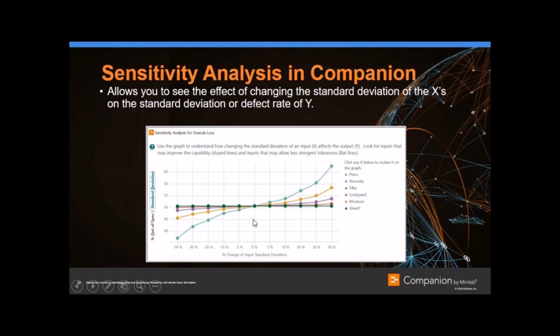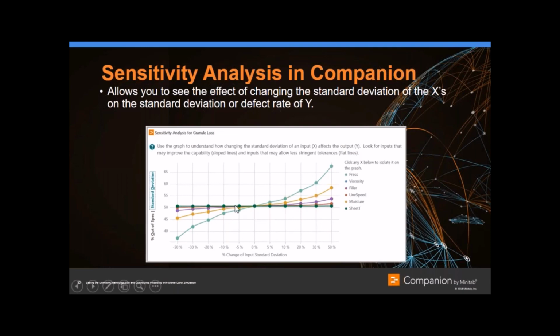What you're looking for here is things that have big curves. Basically it's telling you that if I can reduce the variation of this input by 50%, then I could theoretically reduce the standard deviation down to about 30 for this response. So you look for things that might have a big impact, and these are important to control.